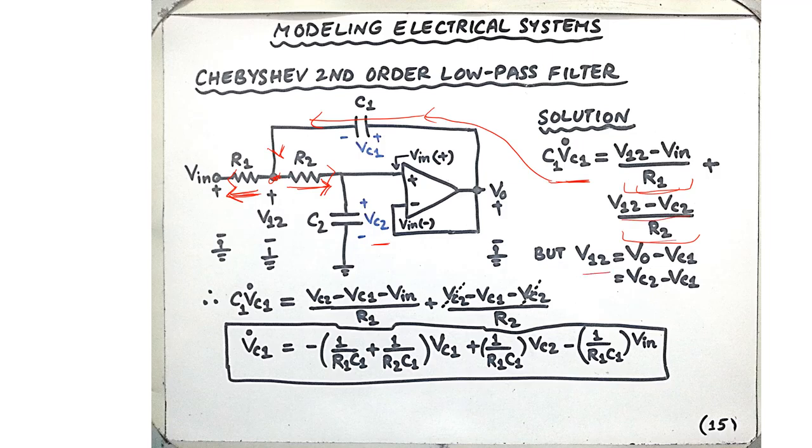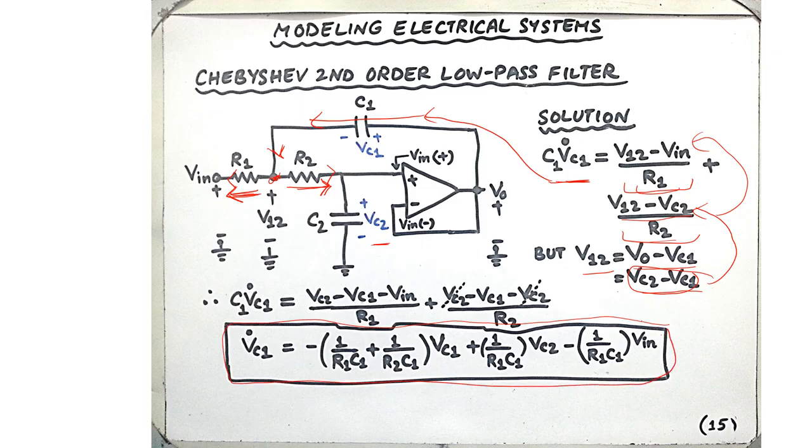And we know that V12 is nothing but V0 minus VC1, and V0 is just VC2, so V12 is VC2 minus VC1. So we can substitute V12 as VC2 minus VC1 in this form over here and over here. After some cancellation, we arrive at the second state space equation, that is VC1 dot, as shown here.